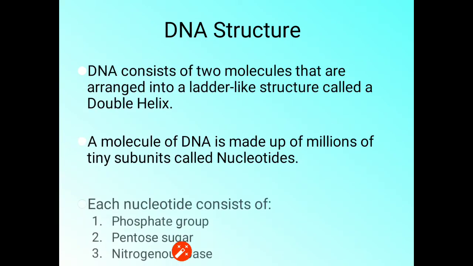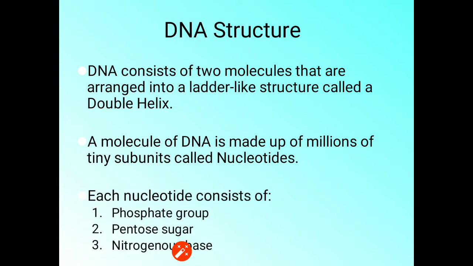Now about the structure of DNA. DNA consists of two strands that are arranged into a ladder-like structure called double helix. A single molecule of DNA is made up of millions of tiny subunits called nucleotides. We can also say that the basic fundamental and structural unit of a DNA strand is the nucleotide.